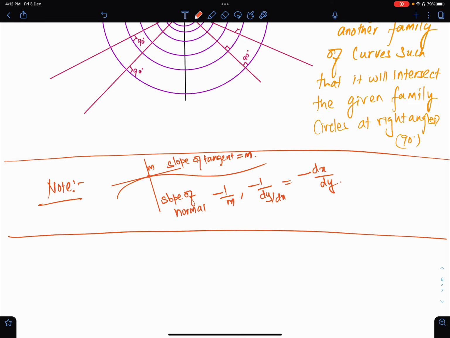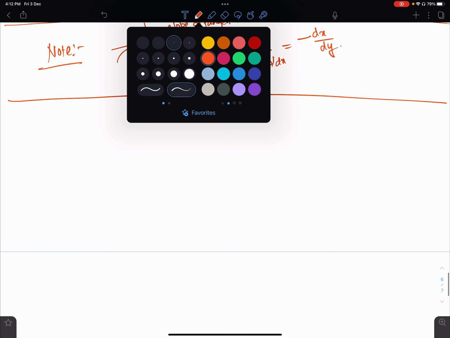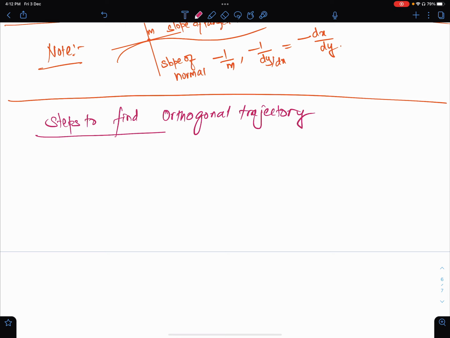While writing the steps, you can understand. So see here, the steps to find the orthogonal trajectory. First step: differentiate whatever function they give.